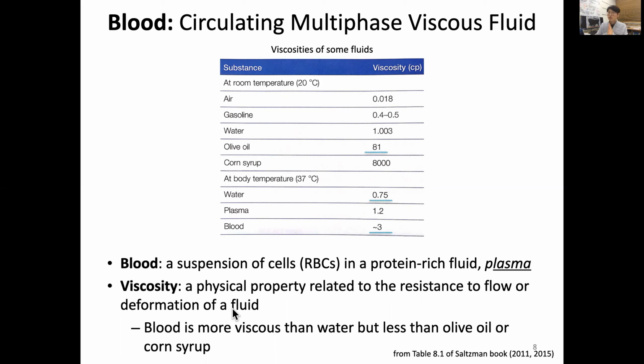You can define it by imagining a layer of fluid with a plate on top while there's a wall below; when you are pulling the plate, how easily you can pull is related to the viscosity. More detail will be covered in fluid mechanics. So blood is more viscous than water, but less viscous than olive oil or corn syrup.